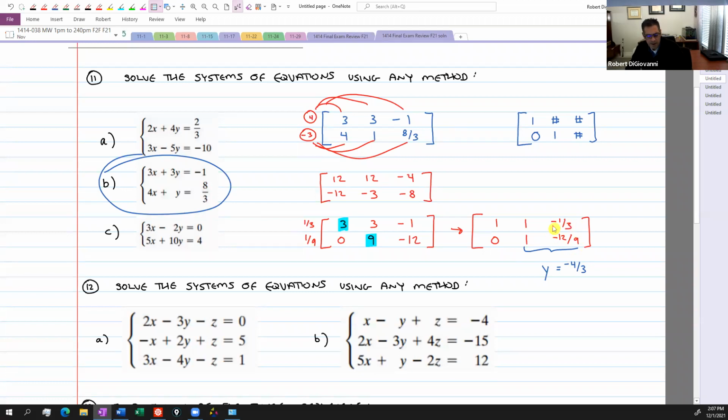And then you can go back up to this equation. This equation on top here now reads x plus y equals -1/3, but you can replace the y with -4/3. And then add 4/3 to both sides.